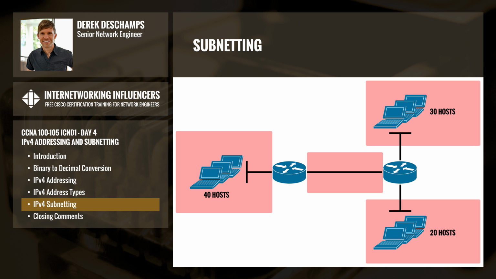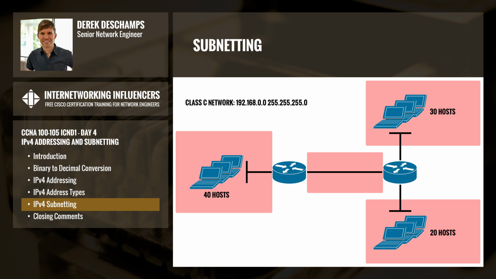Each link that is separated by a router requires its own unique network address. So for example, on this network, we would require 4 unique network addresses, one for each link that is separated by a router, and which we can see here highlighted in red.